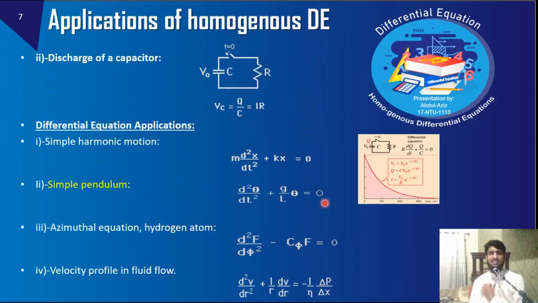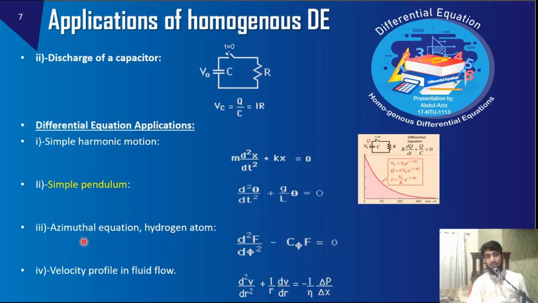Next, discharging of a capacitor is also one of the major applications of homogeneous differential equation. Capacitor charging and discharging is based on homogeneity of the equation. Then simple harmonic motion is also dependent on homogeneity. Then the simple pendulum also depends on it.